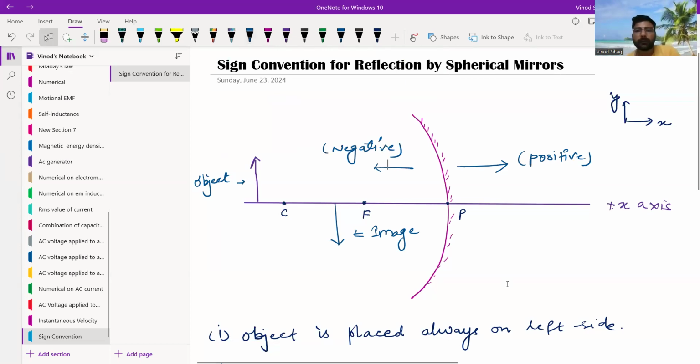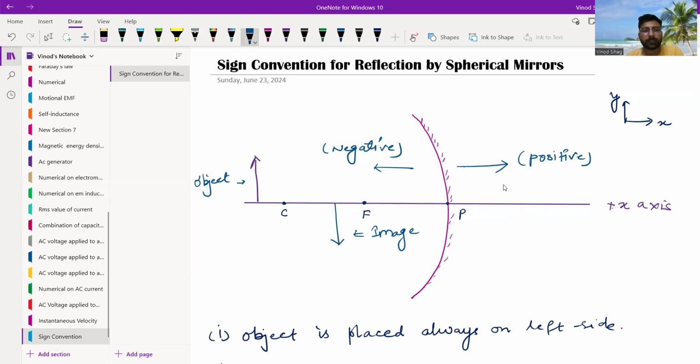Fine. Now, the distances which are parallel to the principal axis, we have discussed. Now, the distances which are perpendicular to the principal axis, how to measure them? First of all, they will be measured from the principal axis only, but their distance should be perpendicular from the principal axis. Let's say I am taking the point here.